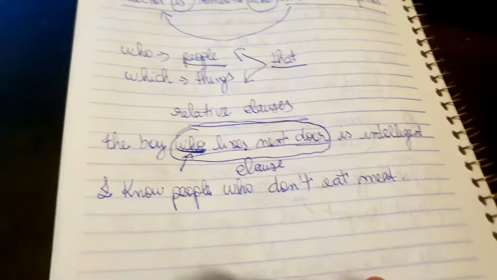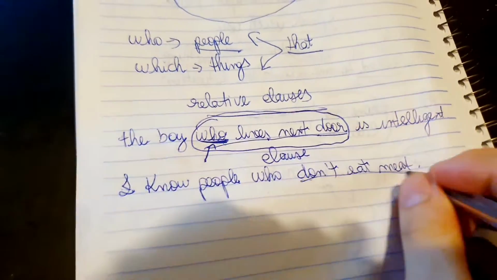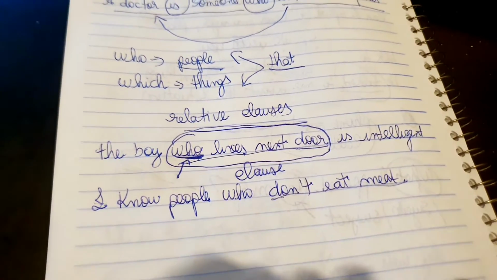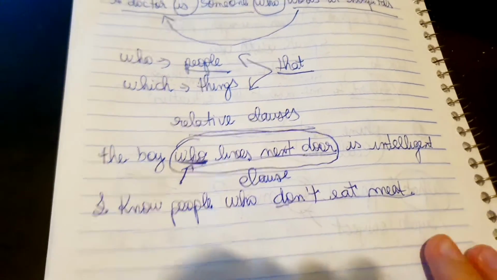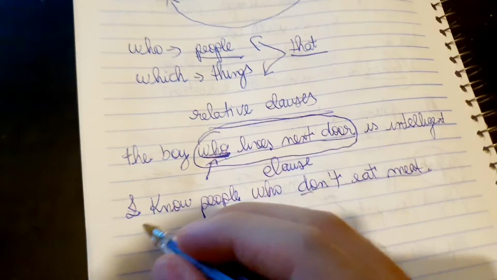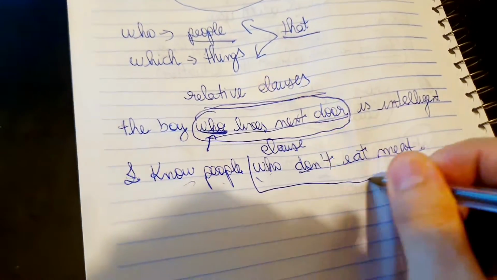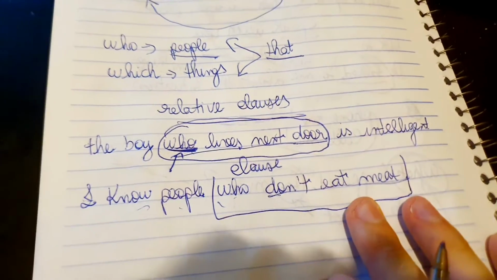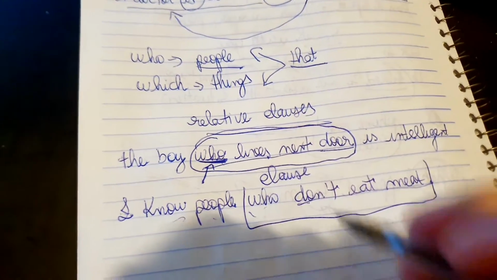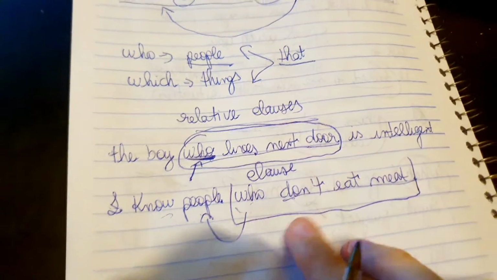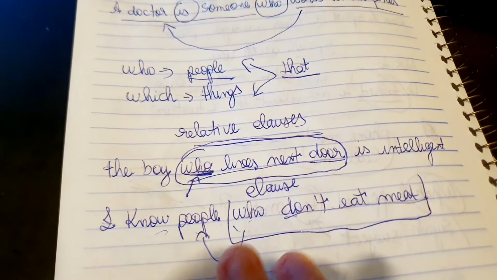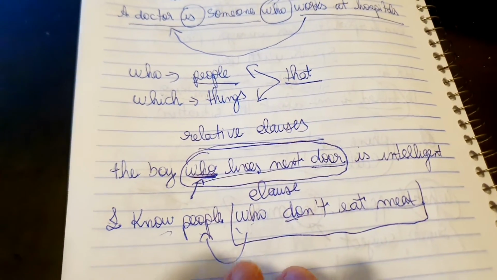Do you know people who don't eat meat? I eat meat, so I'm not a vegetarian, right? I love eating meat. I know people who don't eat meat. The clause here is specifying what kind of people I'm talking about.